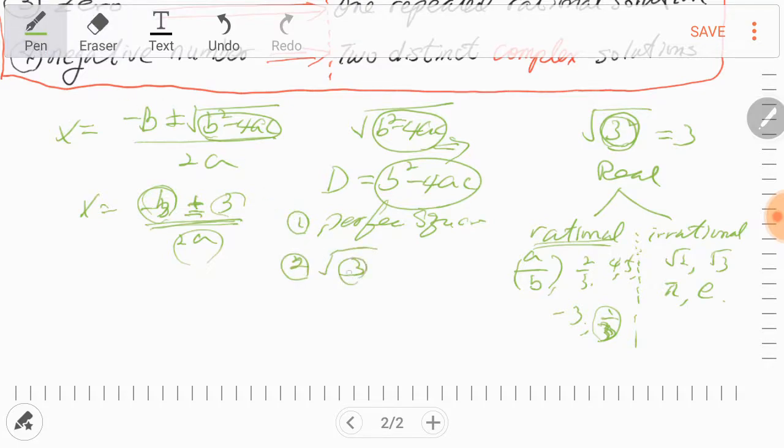Then 3 remains inside the square root. So the solution will be a square root something, right? Square root plus or minus square root. So there will be plus or minus, 2 distinct, different square root solutions.